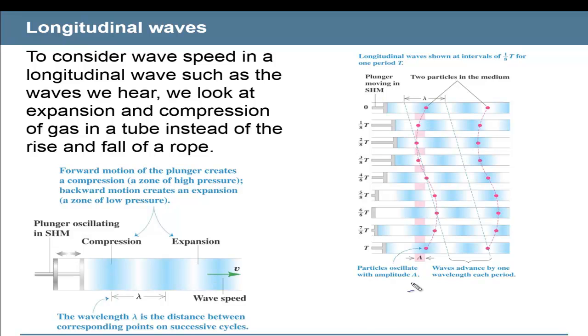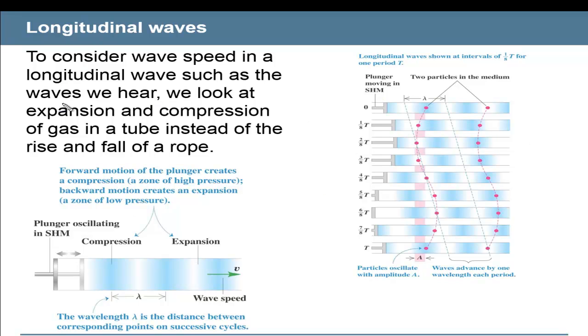The amplitude is, there's a slight oscillation of the particles, right, between the low and high pressure, and that would be our amplitude, or the pressure difference between the low and high pressure zones. That's our amplitude there. And the wave speed can be calculated in a very similar way.